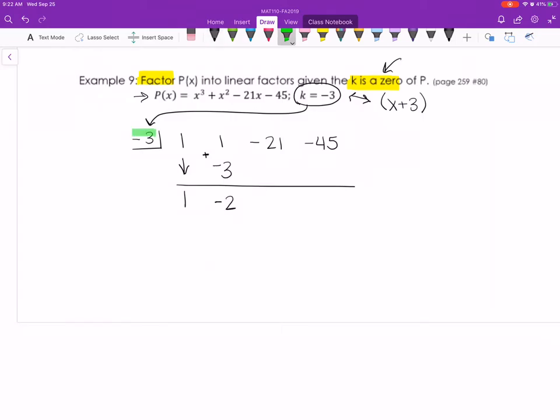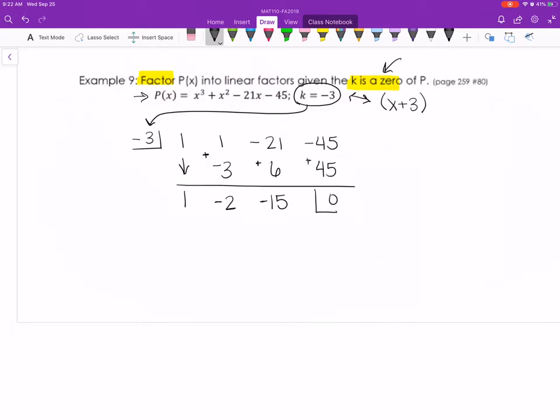I multiply again. -3 times -2 gives me +6, and then I add and have -15. Multiply -3 times -15, which gives me +45, and then I add and get a 0.